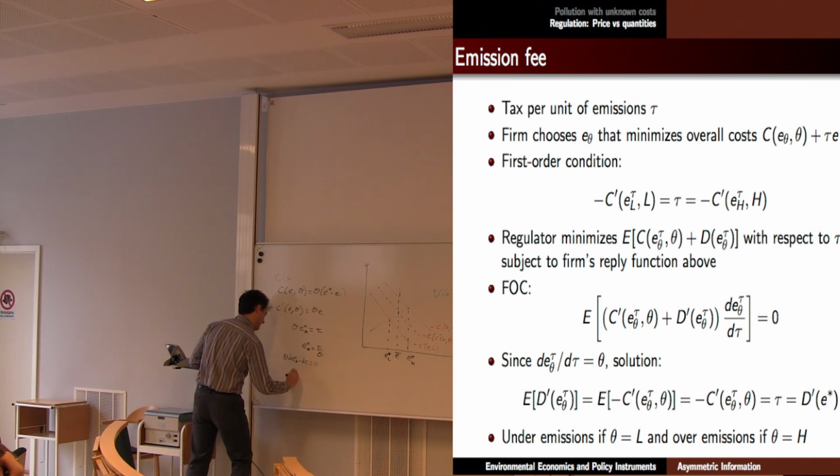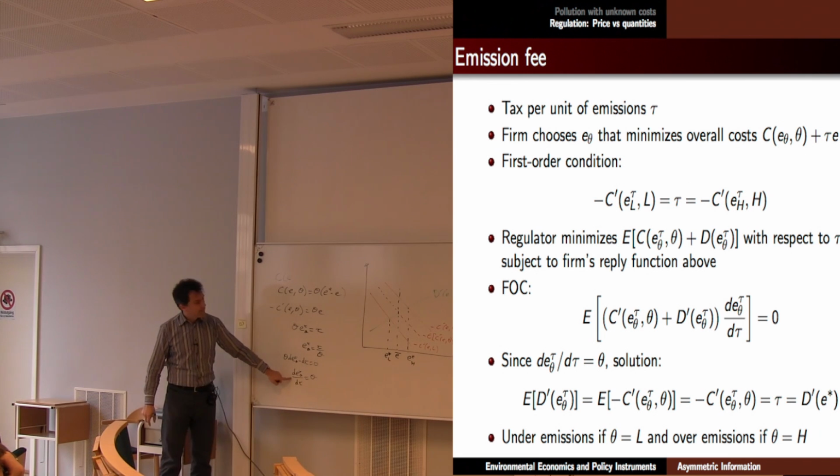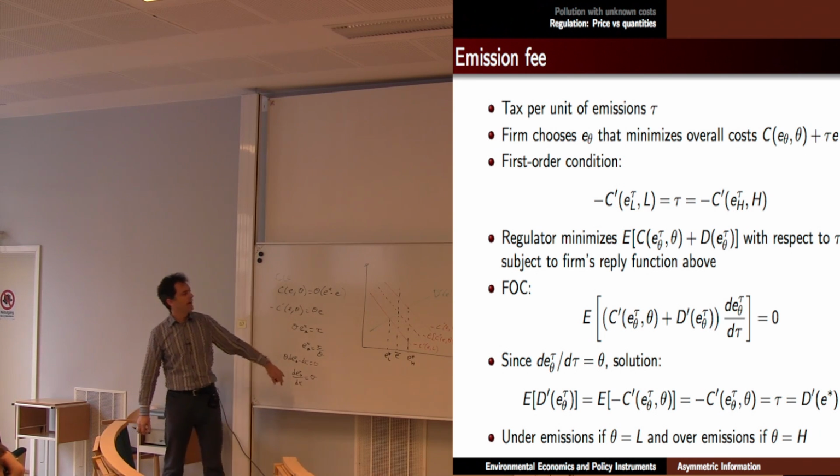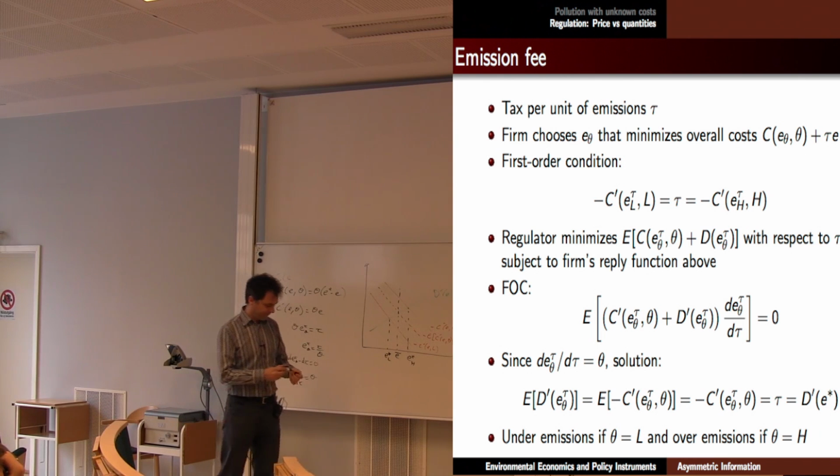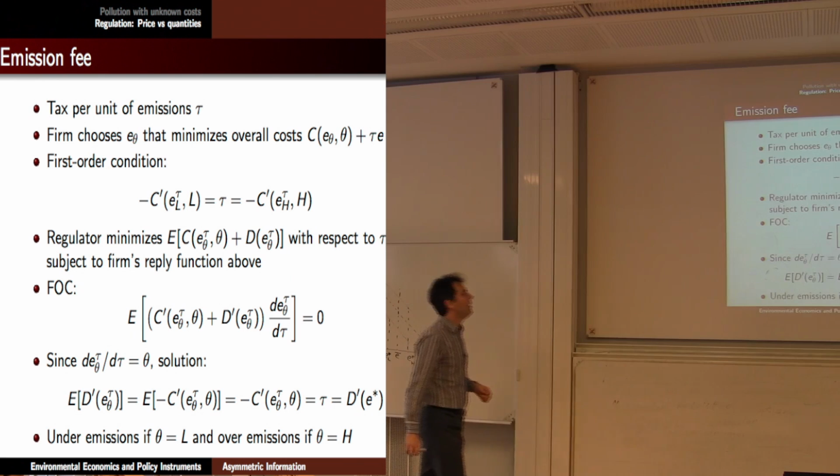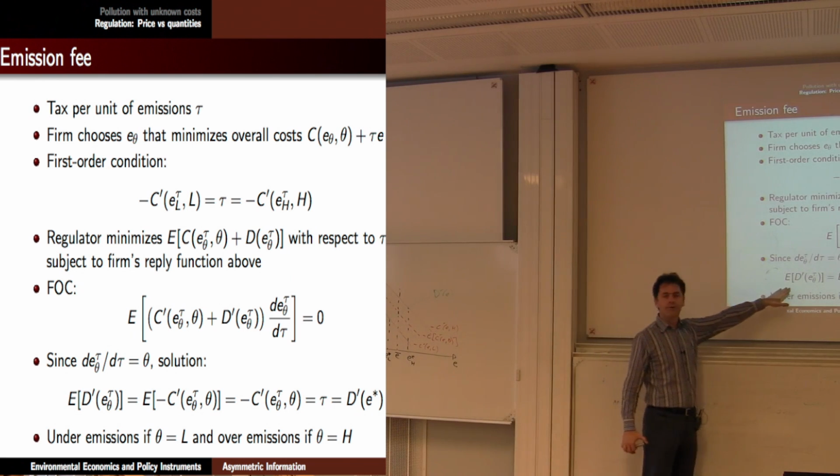So this is how emission varies when you vary the tax rate. So if you plug this in the first order condition, you end up with those conditions.